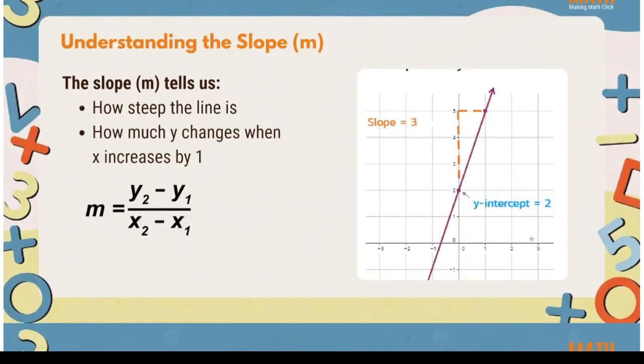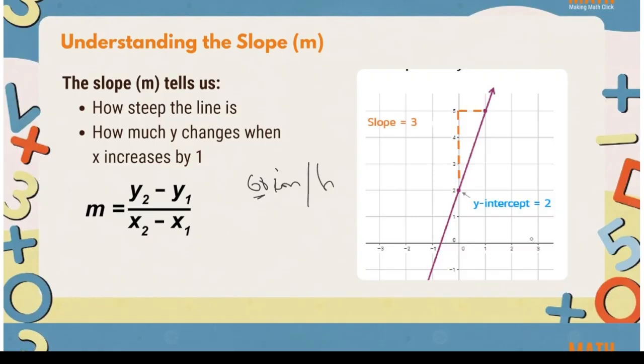Now, let's talk about understanding the slope m. The slope, which we represent with letter m, tells us how steep the line is. It also tells us how much y changes when x increases by 1. Think of slope like speed. If a car moves 60 kilometers every hour, that 60 is the speed.